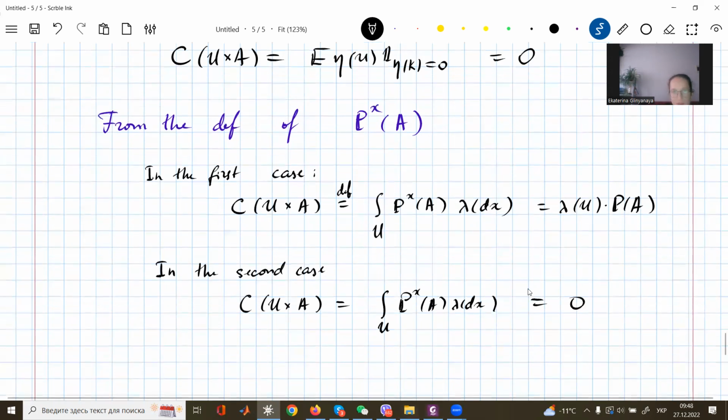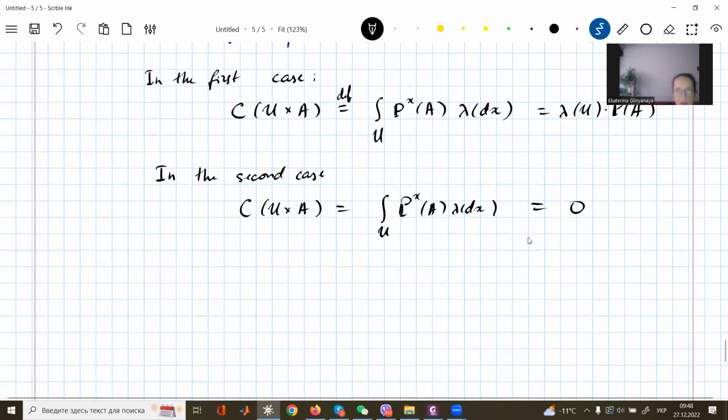So from this, I can write the equality for P_x of A, and it depends on where the point x is. We know that this is all non-negative.